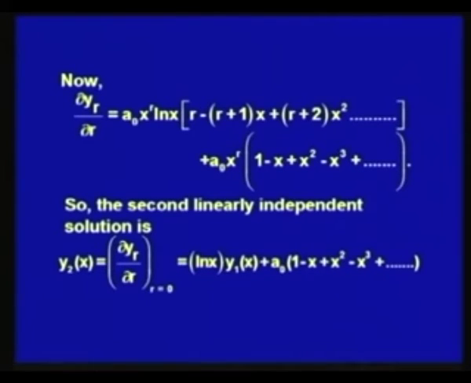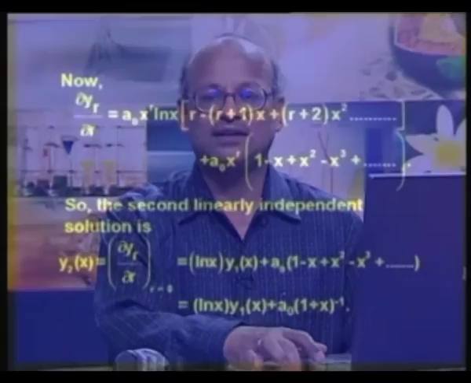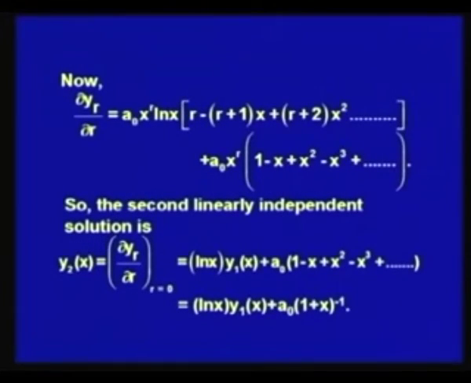And so when we put r equal to 0 in this expression for delta y over delta r, it will lead us to the second linearly independent solution of the given differential equation, that is y_2(x). y_2(x) is now equal to delta y_r over delta r at r equal to 0, which is ln x into y_1(x) plus a naught into (1 minus x plus x square minus x cube and so on), which is equal to ln x into y_1(x) plus a naught times (1 plus x) to the power minus 1. (1 plus x) to the power minus 1, we all know, is equal to 1 minus x plus x square minus x cube and so on, provided mod of x is less than 1.